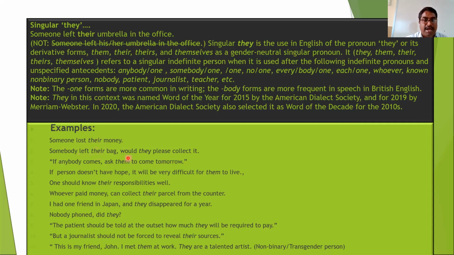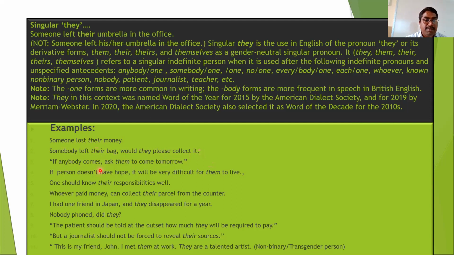Somebody left their bag. Would they please collect it? Their bag means either his bag or her bag. Would they please collect it? Means would he or she please collect it? It can be either a male or a female, right?